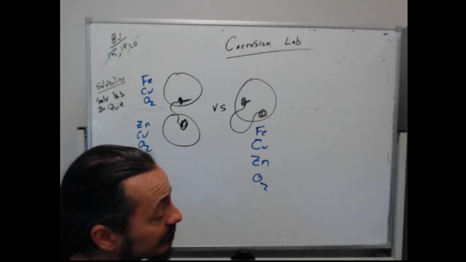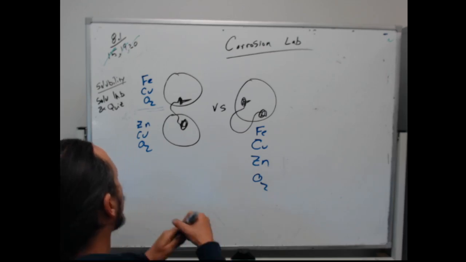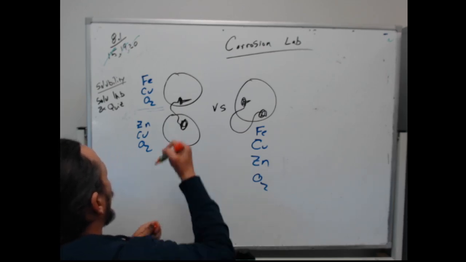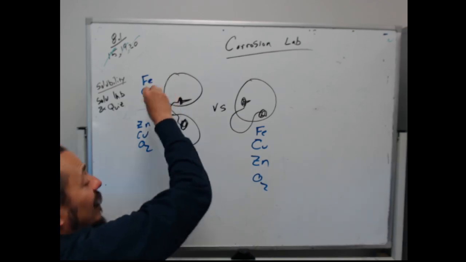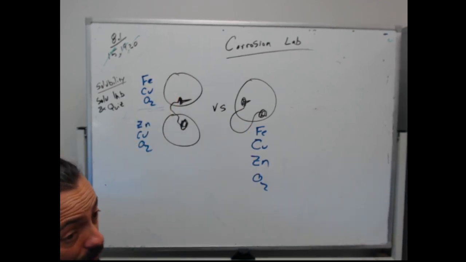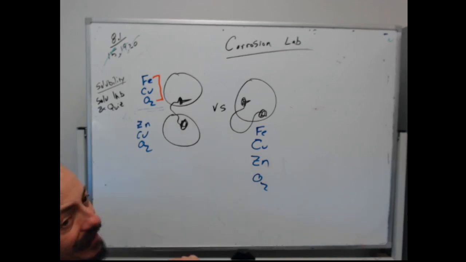So for the first case, the top petri dish, would it be the iron oxidized and copper reduced? Or is it the flip version? No. Iron is oxidized, and we can tell because it becomes blue in that picture. The oxygen is being reduced. What's the copper doing in this case?